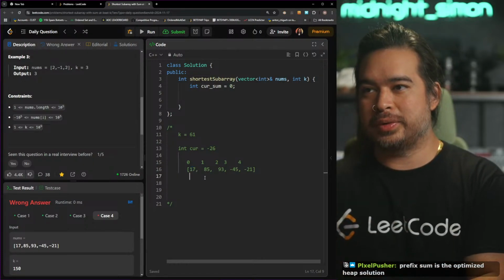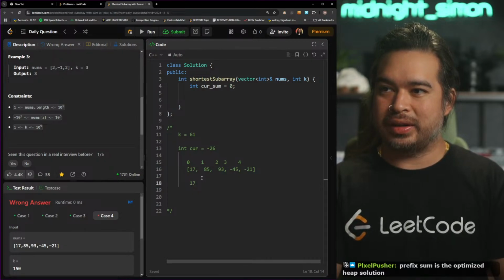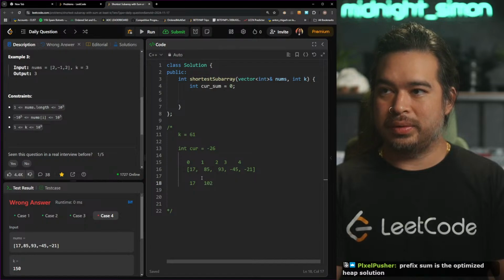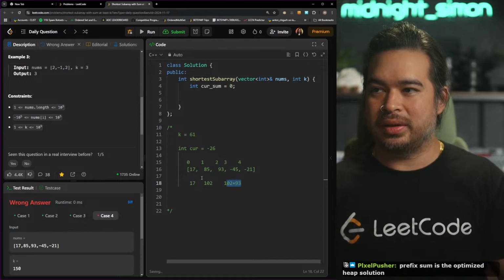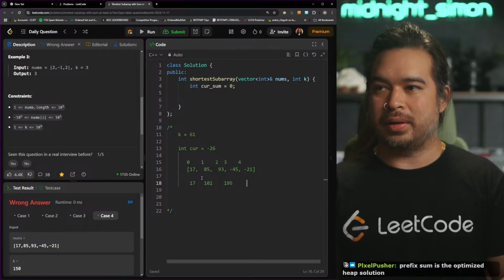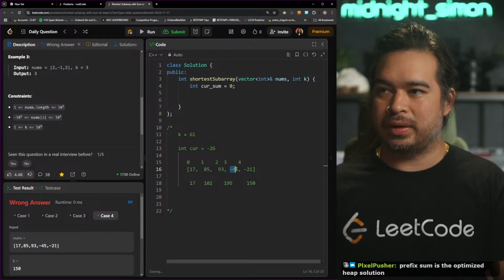How do prefix sums work again? It would be like 17 plus 85. What's that? 102 plus 93. I don't know what that is. 95. 150. After you add that, right?